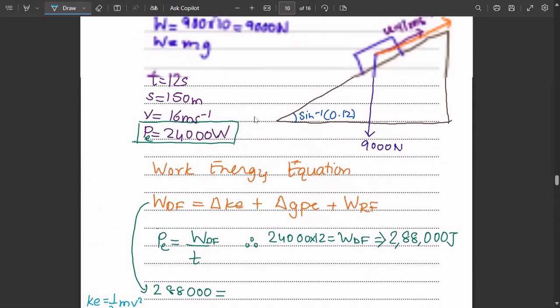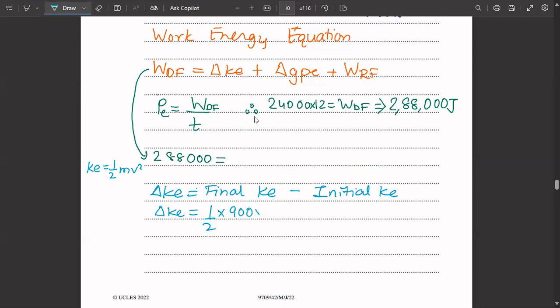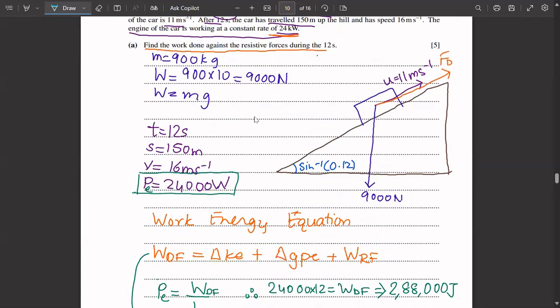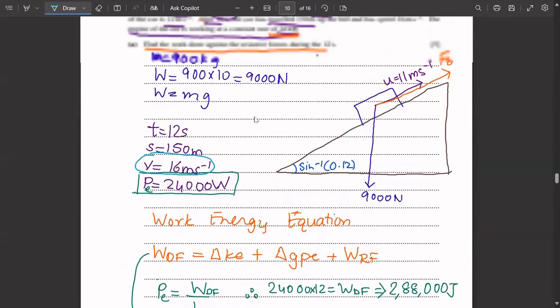What is the mass of the car? 900. And what is the final velocity of the car? Here we just wrote down the final velocity is 16 meter per second. So half into 900 into 16 square minus half into 900 into, and what is the initial velocity? We know that the initial velocity is 11 meter per second.